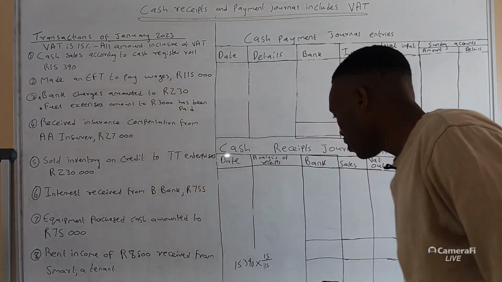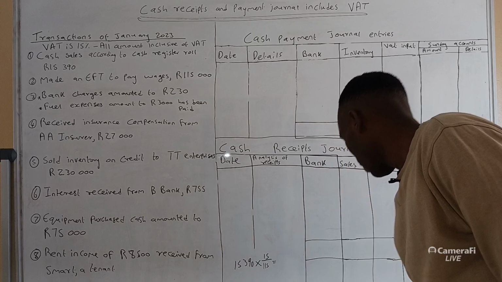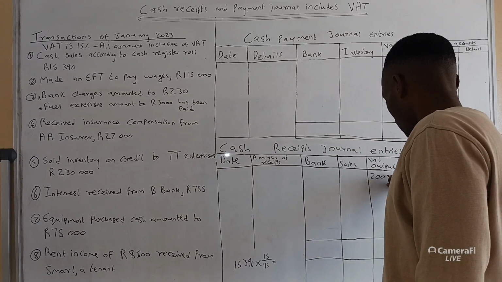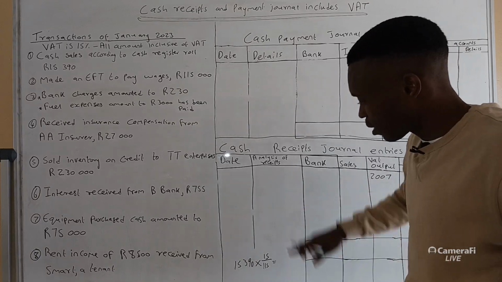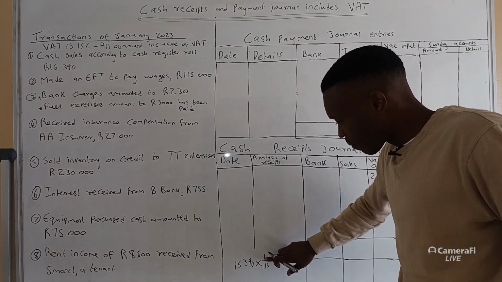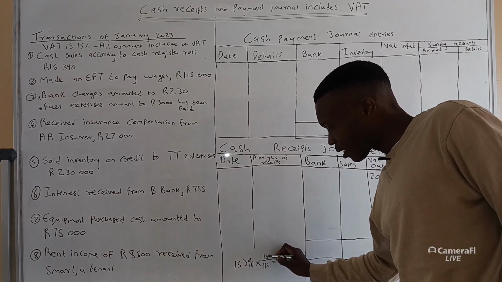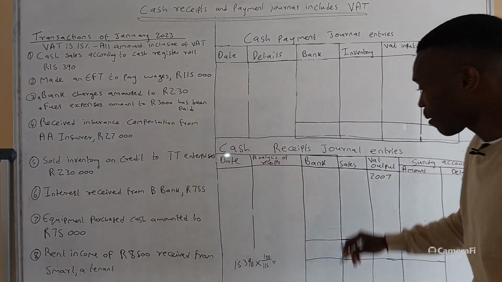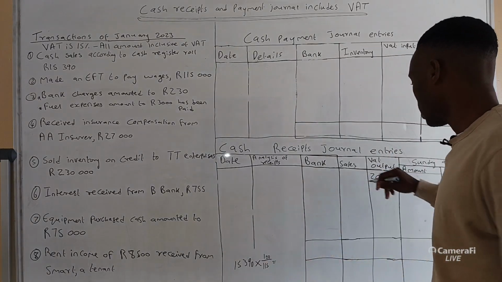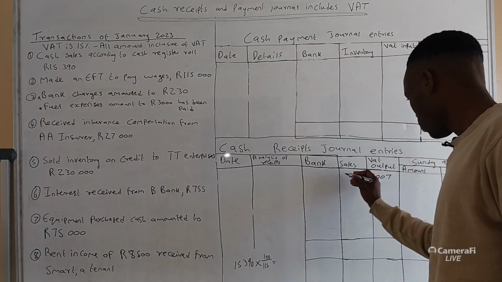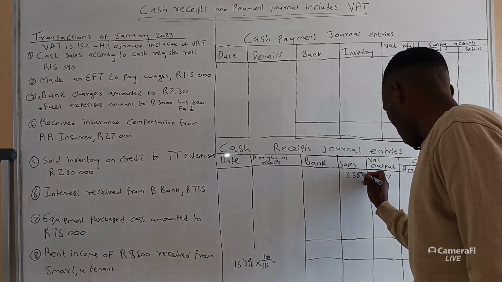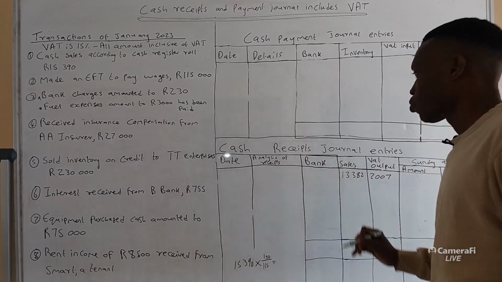All right, if you do this calculation, you're going to get a VAT amount of 2,007. On the same formula, you can multiply by 100 over 115 so that you can get the amount without VAT, or you just take this amount minus this one, and you're going to get the same amount of 13,382.